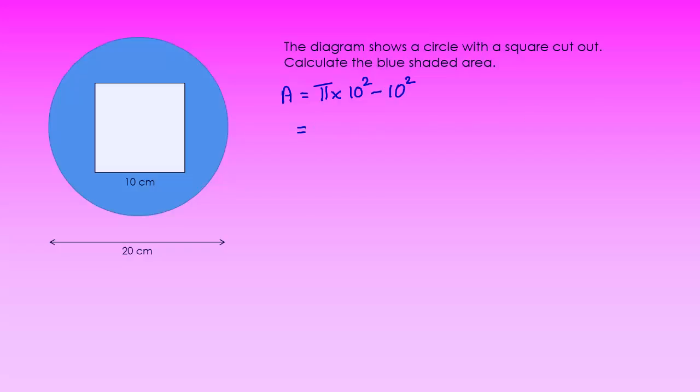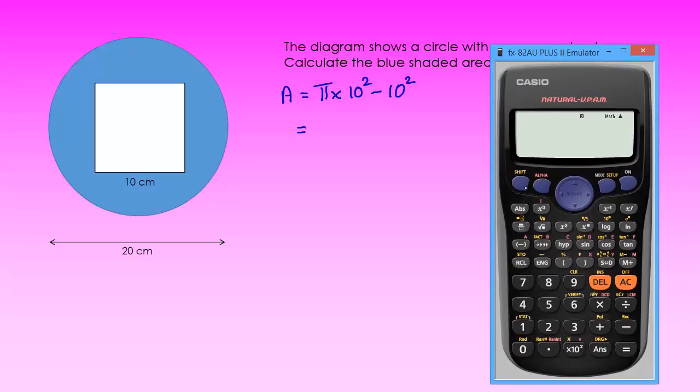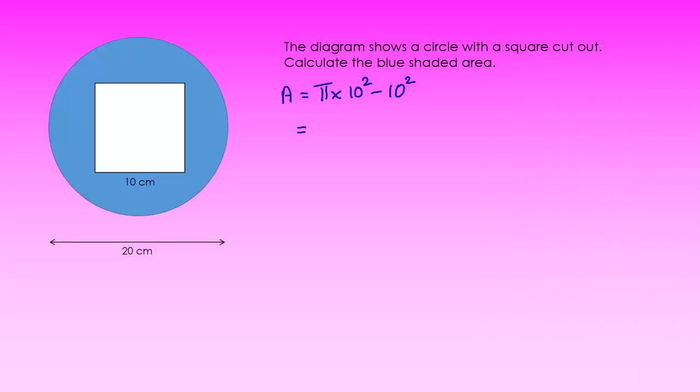So we just need to calculate that. So that's going to be pi times 10 squared, take away 10 squared, and that's 214.159, and so on.